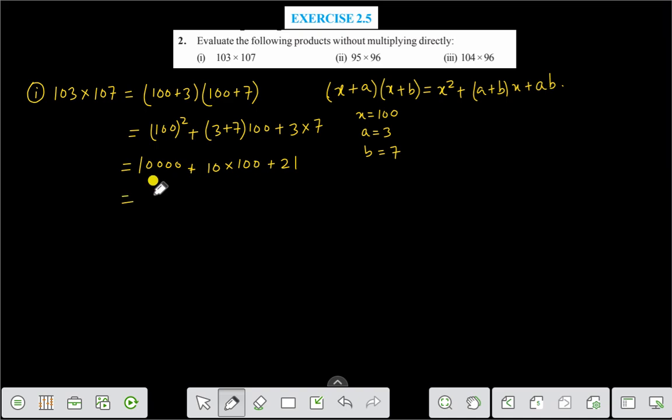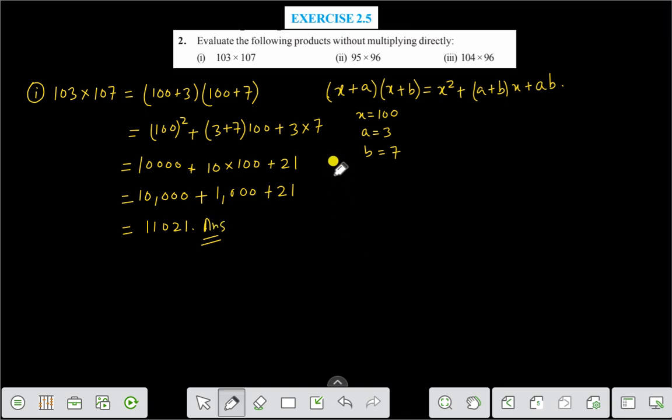That means we are getting 10,000 plus 1,000 plus 21. We add these and we get 11,021. This is the answer of question number 1.